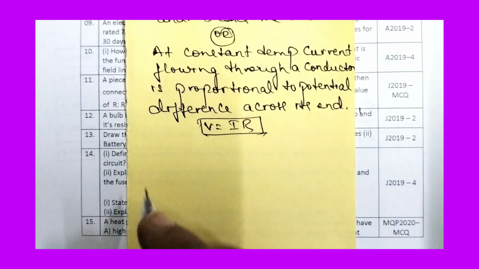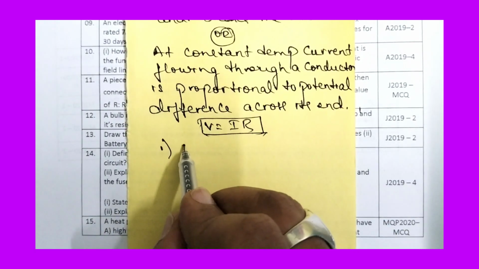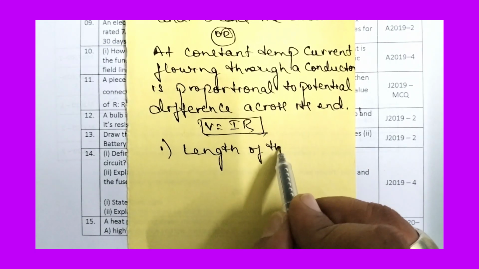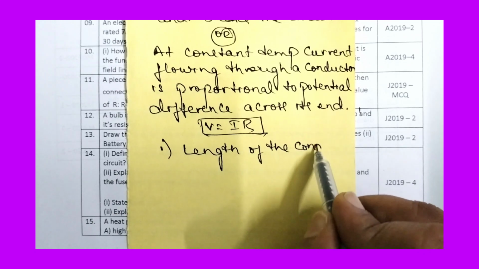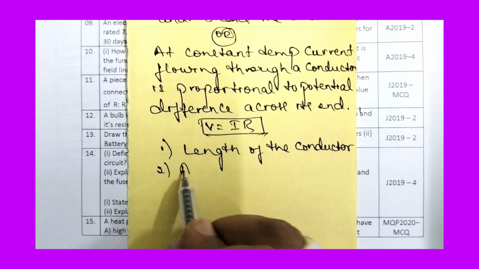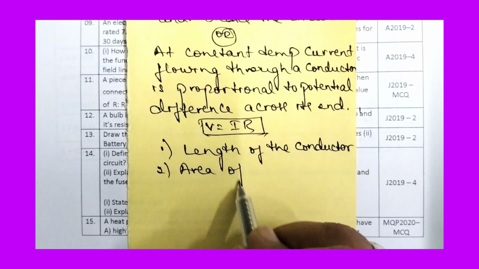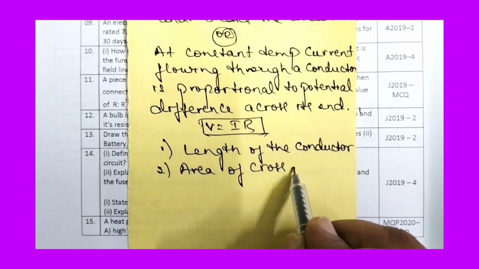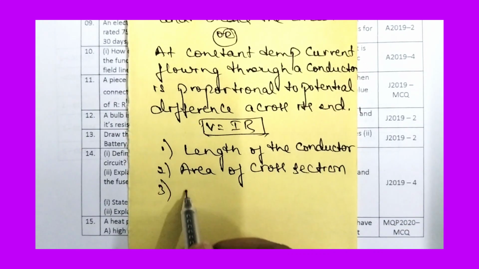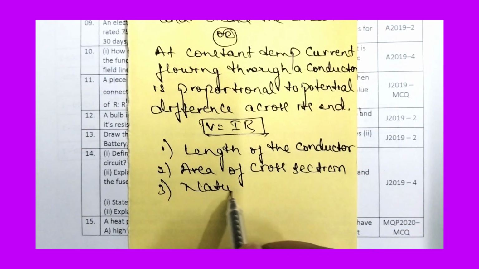So on what factors does the resistance of a conductor depend? It depends upon the length of the conductor. It depends upon the area of cross section. It depends upon the nature of the material.